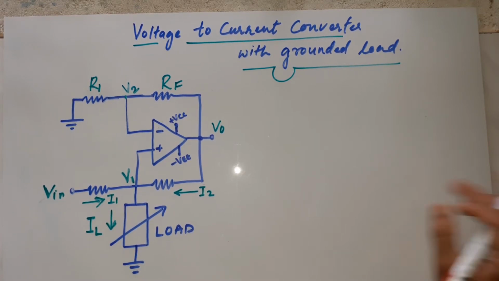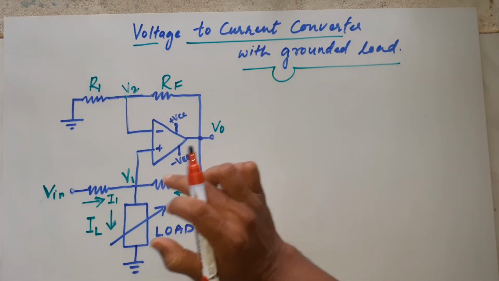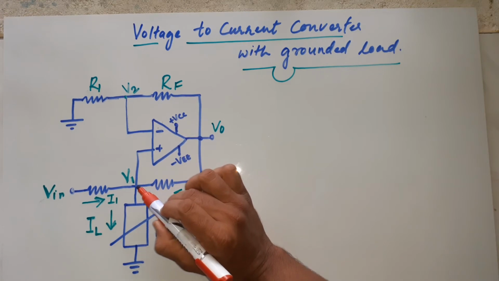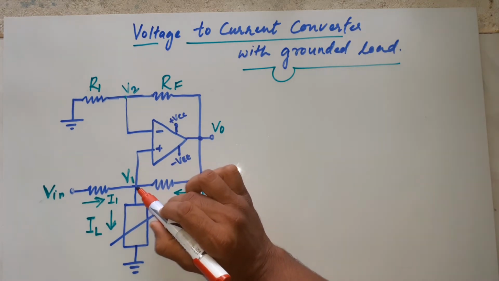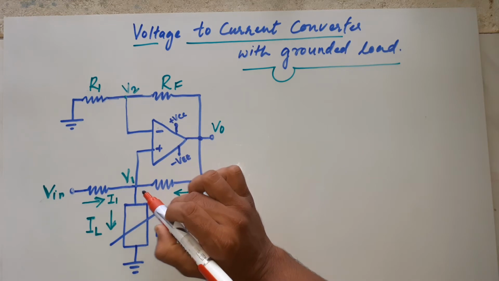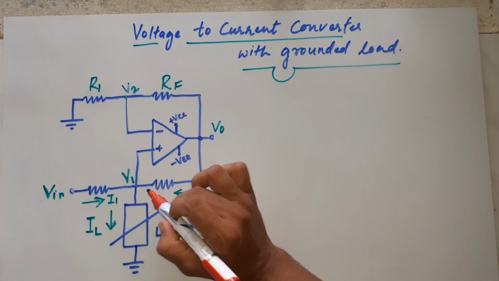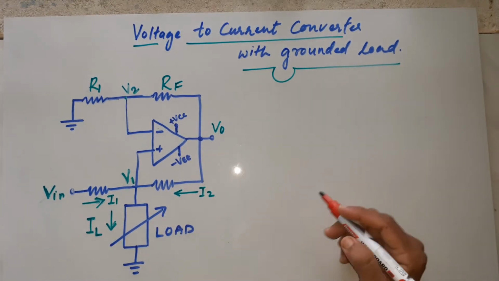The analysis of the circuit is obtained by first you should determine the voltage V1. Where is V1? V1 is at non-inverting input terminal. And then you should establish a relationship between voltage node V1 and the load current IL. Okay, so let us start.